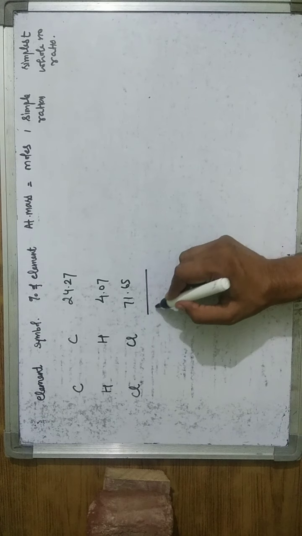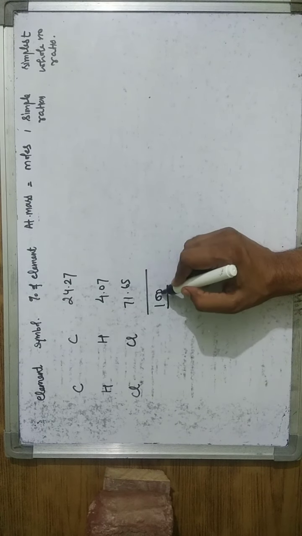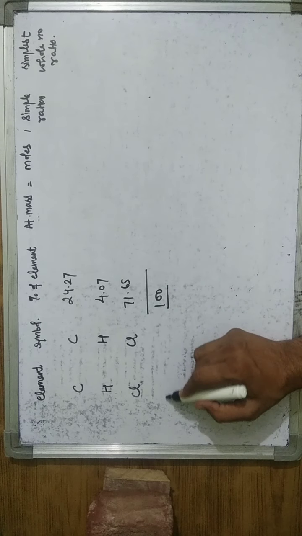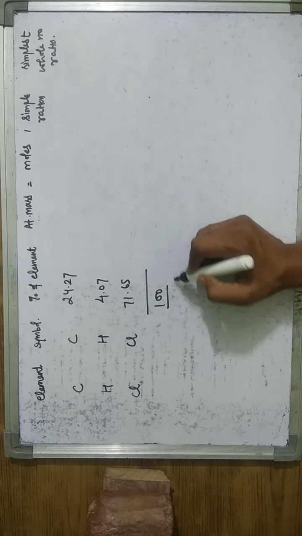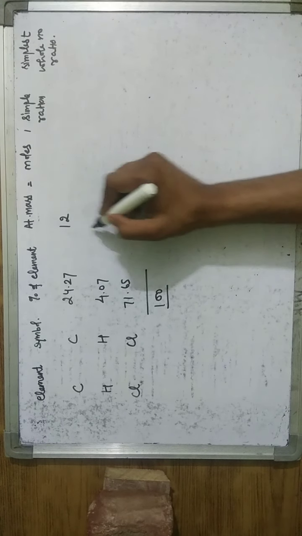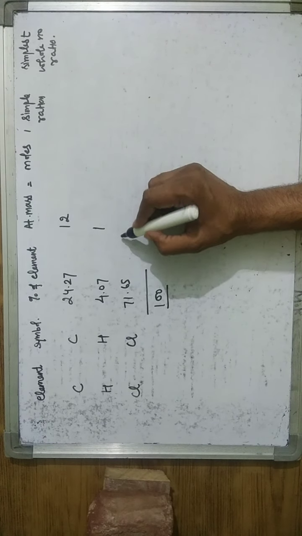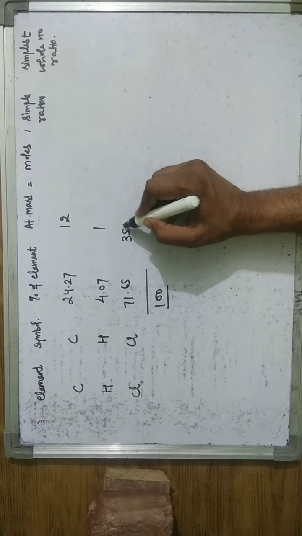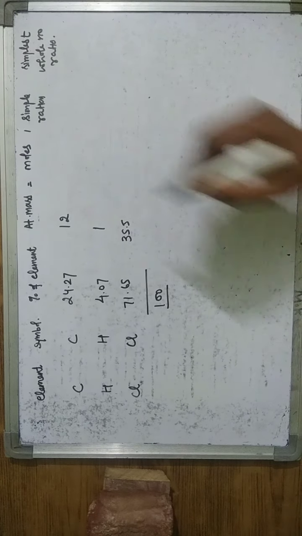The total sum is 100 here. If it is found less than 100, you write oxygen here and find the percentage of oxygen. Now atomic mass of carbon is 12, hydrogen is 1 and chlorine is 35.5.